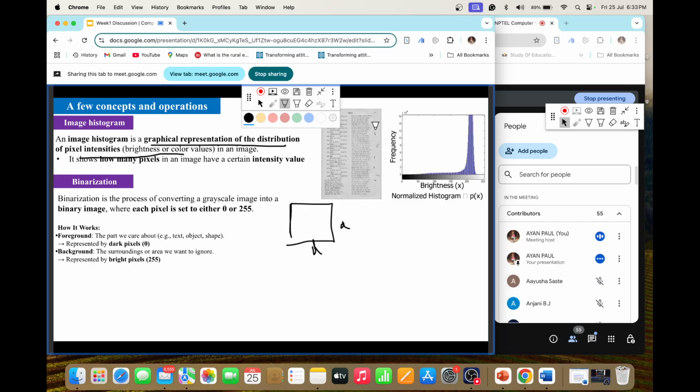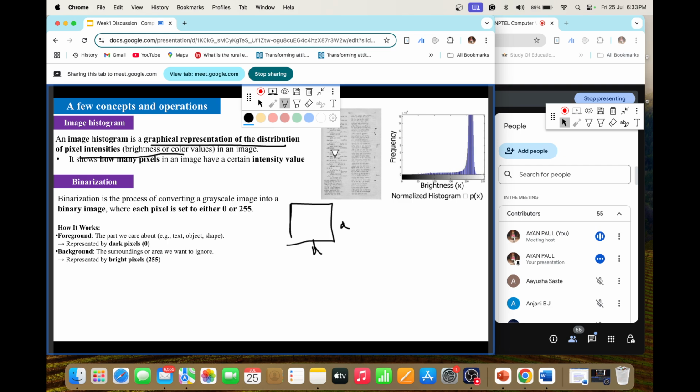And there is a background. The background values are very much closer to 255, because the background is white. So you can see there are two parts, background and foreground. The foreground is where something is written, and the white page is the background.